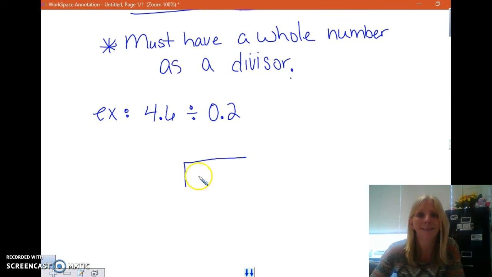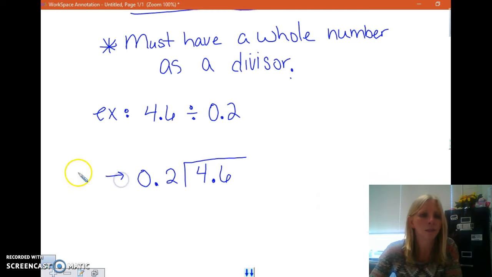Inside, the dividend is the first number, so 4.6. Outside is our divisor, that's 0.2, or 0 and 2/10, or just 2/10. So this is the divisor. This is the dividend.